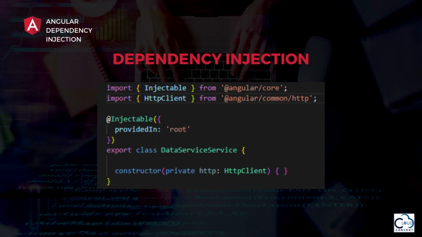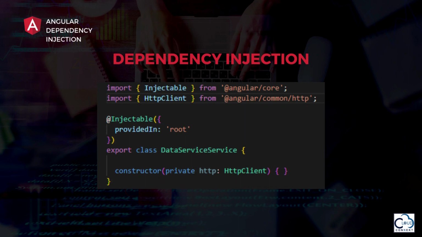After importing it, you must inject it inside the constructor by creating a variable with an HTTP client type. Basically, after you create a variable inside the constructor, it is automatically injected because of Angular's dependency injection system.